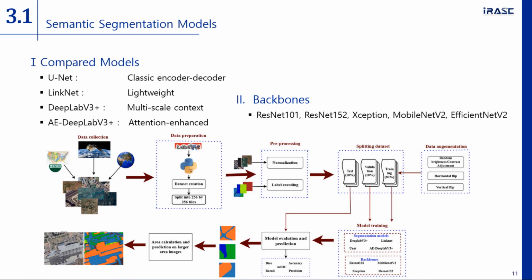The fourth model is AE DeepLab v3+, which means Attention Enhanced DeepLab v3+. It adds an attention mechanism to DeepLab v3+, so that the model can focus more on useful features.